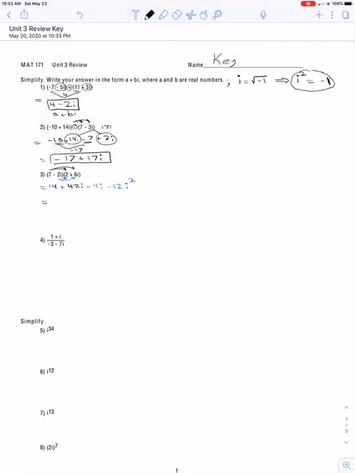So like terms, we have a couple of i terms that we need to combine. So we have 14 plus 38i minus 12 i squared. Now, what do we know about i squared? i squared equals -1. So that's minus 12 times -1. So we have 14 plus 38i plus 12.